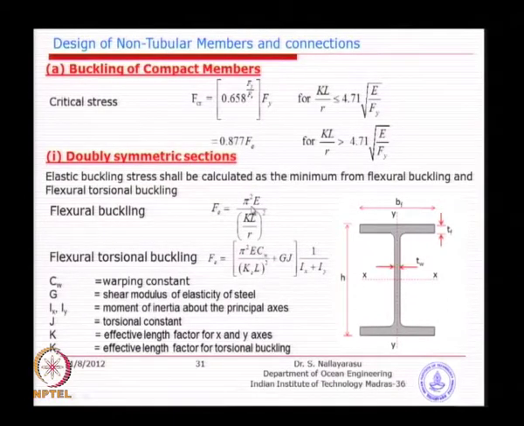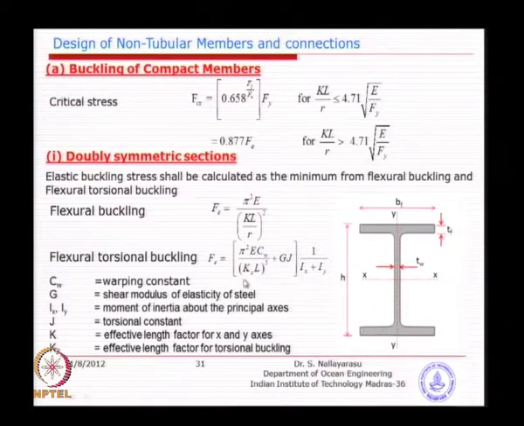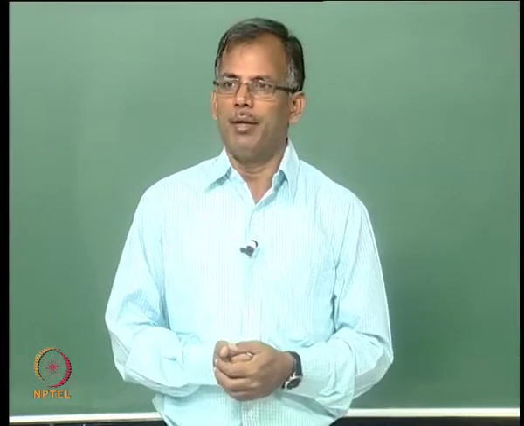You can see it is a derived form from Euler buckling, plus the effects of torsion taken into account. So, pi squared E, Cw is the warping constant depending on the type of section, and Kz will be with respect to torsional effect, not with respect to bending about x or y. I think I have given you this axis here, x and y are perpendicular to the axis of the member, so the z axis will be along the member length.